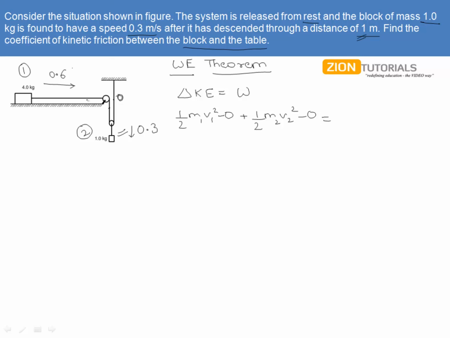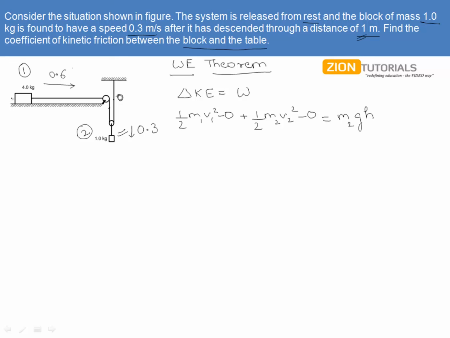Now work done will be due to two forces. First is the gravitational pull. Since the movement is downward, in the direction of the force, the work done will be positive. So it will be m2 g h, where h is the distance moved downwards.